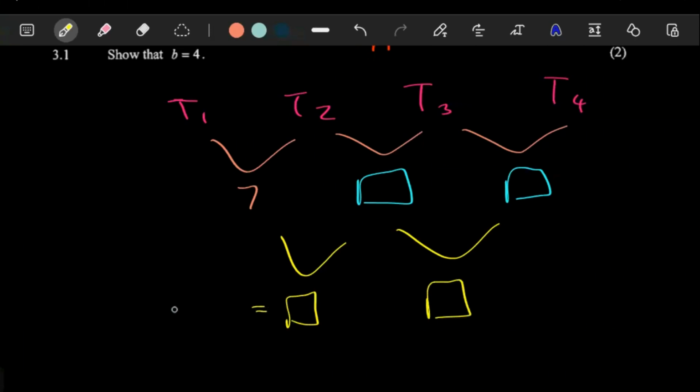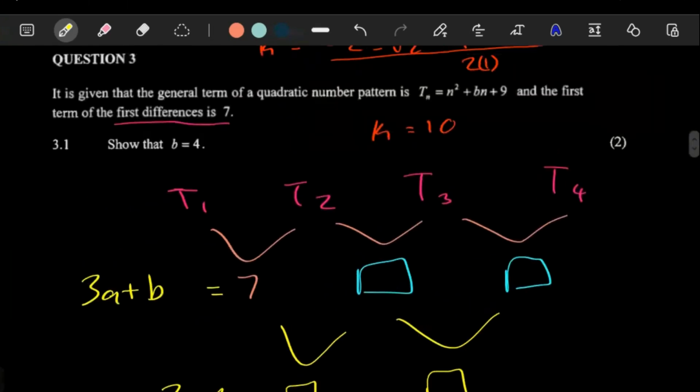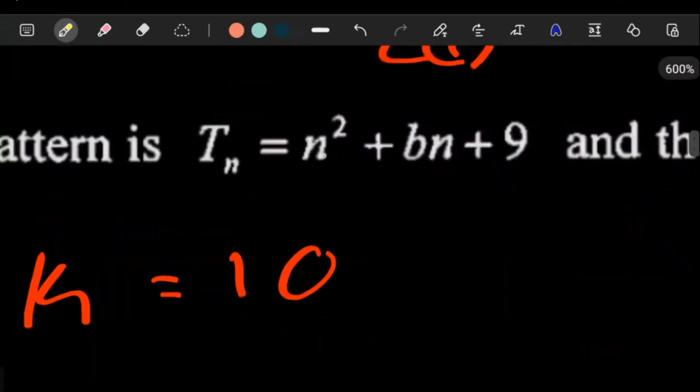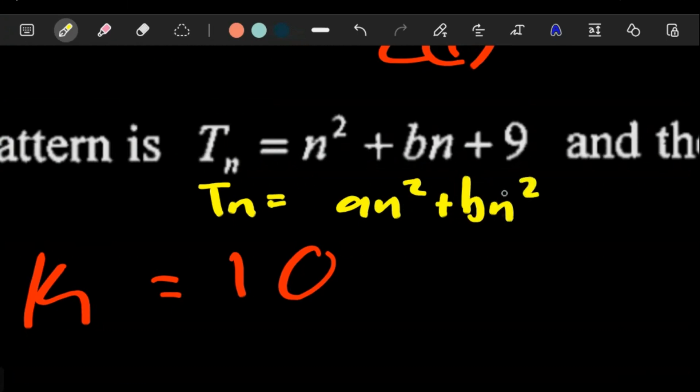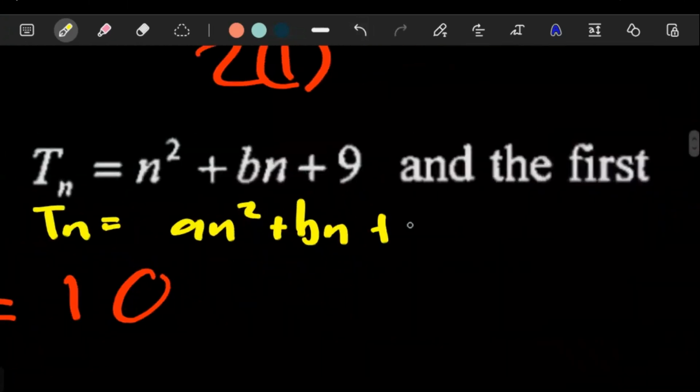But what we know is it is equal to 2a. We also know that this is equal to 3a plus b. We also know that the first term is equal to a plus b plus c. Now, according to this structure, remember Tn is equal to an squared plus bn plus c.